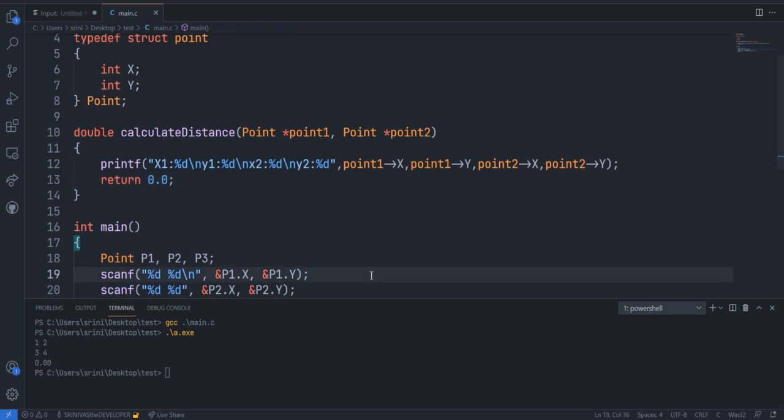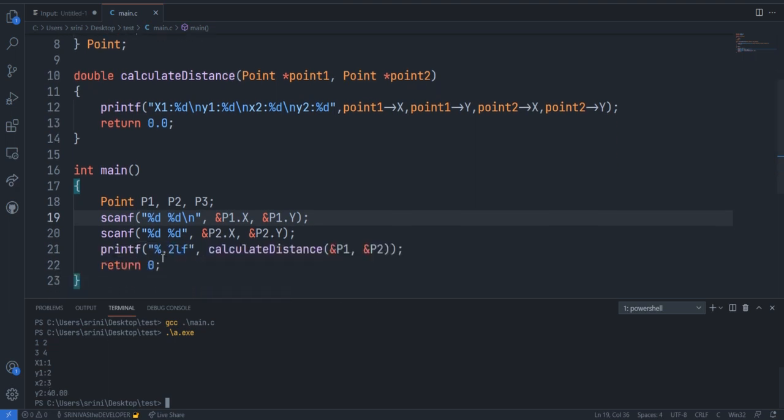This is because I haven't saved this program, so it just executed the past one. 1 2 3 4. We got the x1 y1, x2 and y2 values. Here we got 40 something. This is not 40, actually it's just 4, and then this 0.0 that we have passed here. So we don't have to worry about it, we just have to return the value.